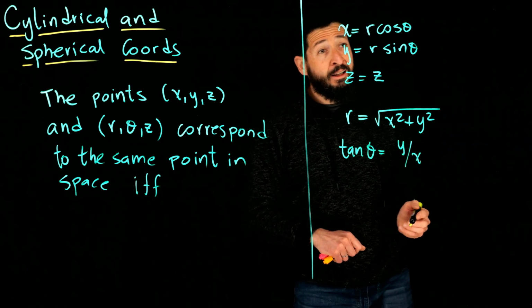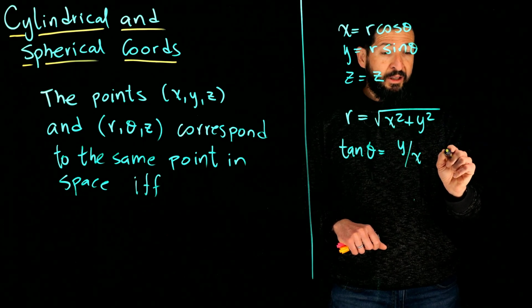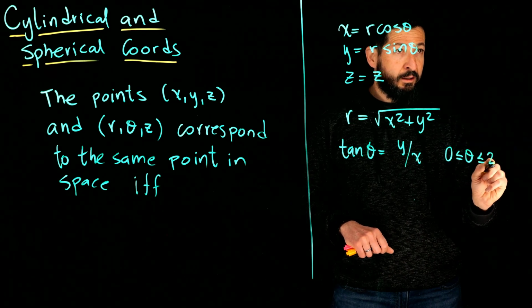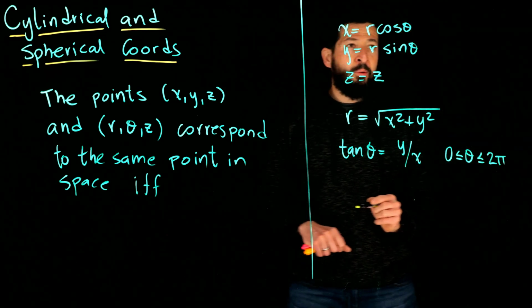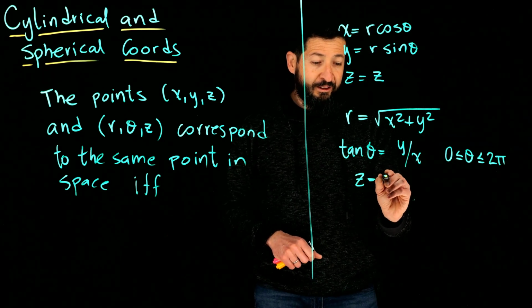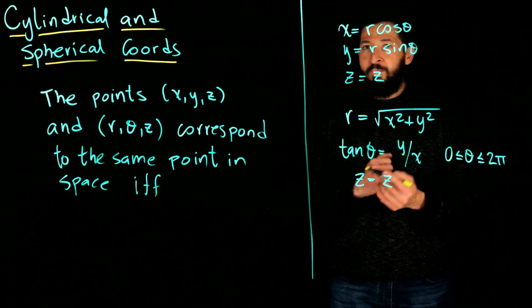And since I chose my radius to be positive, let's keep that angle between 0 and 2 pi, just so that we have a unique representation, and then z stays as z.